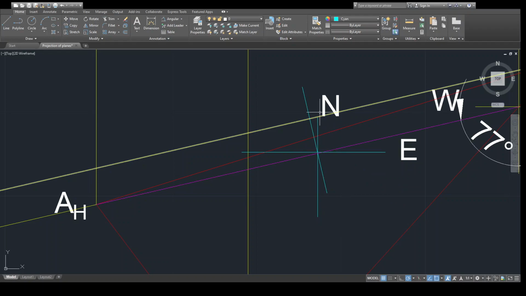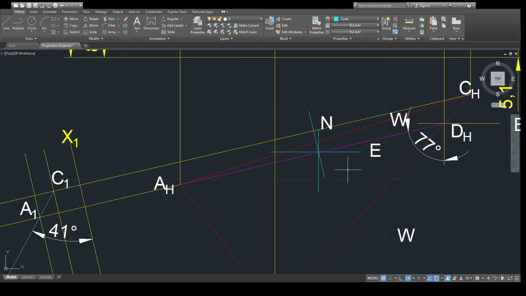Now you can see this perpendicular line to AHDH is in which quadrant? It is in the quadrant of north to west. That's why its direction is north to west. What is the degree? 41 degrees.